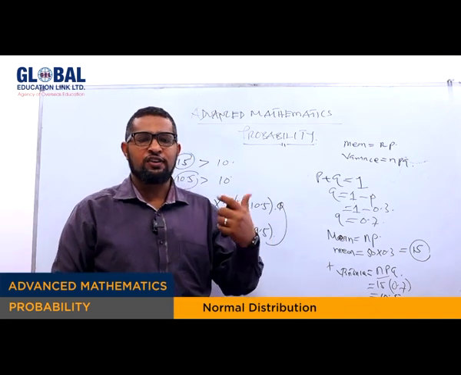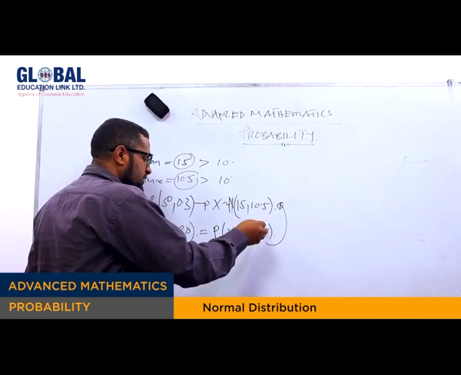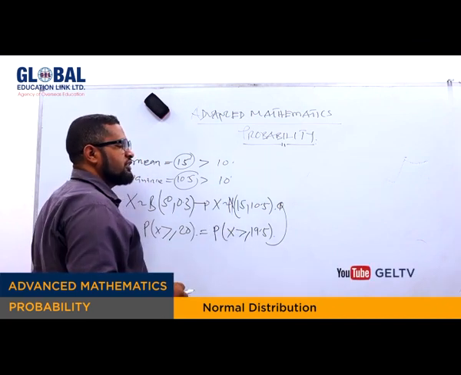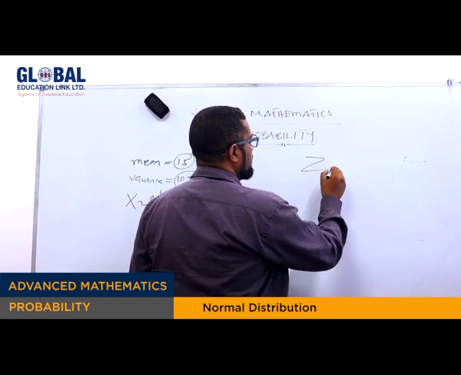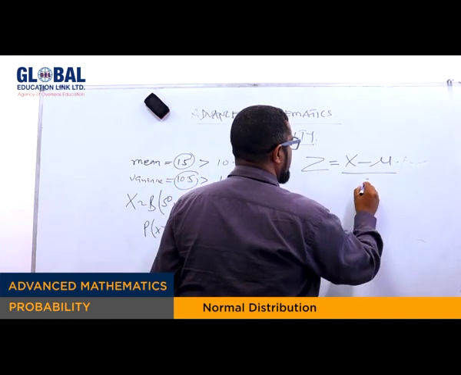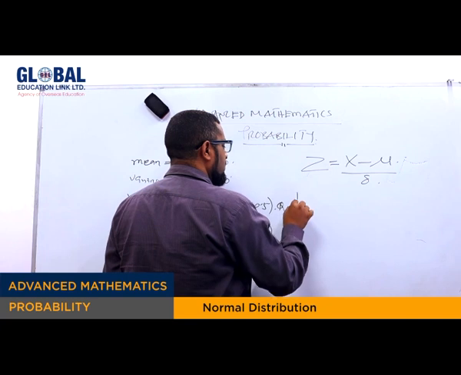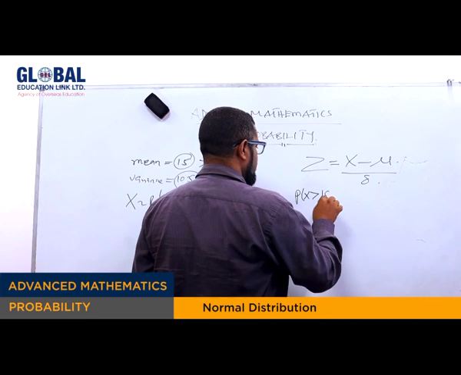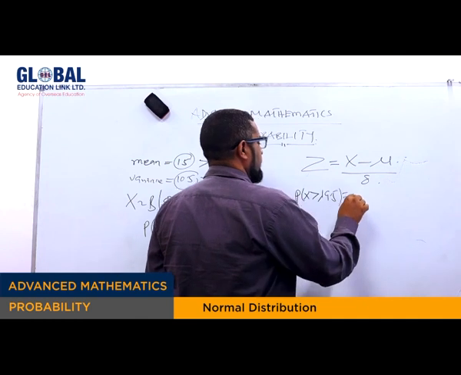And let's see what we are going to get. Now, we are standardizing the probability of X greater than or equal to 19.5. So recall the formula for standard score, which is Z equal to the variable X minus the mean divided by standard deviation.